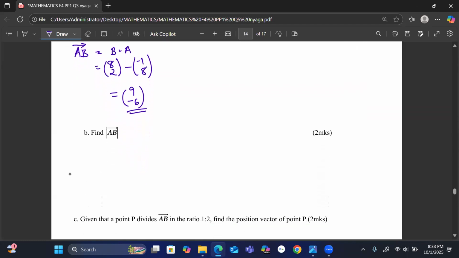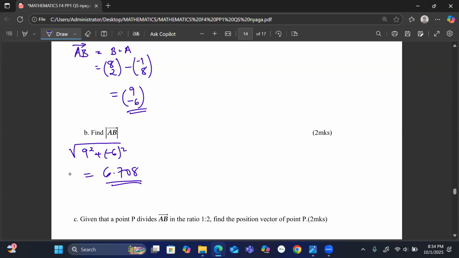Then find the magnitude of AB. To find the magnitude, we find the square root of 9 squared plus (-6) squared. That is the square root of 81 plus 36.